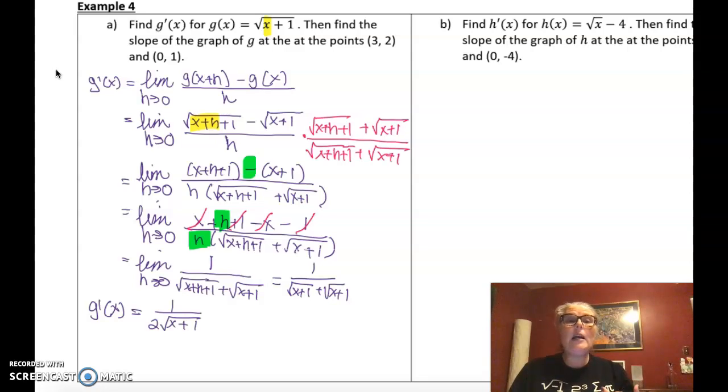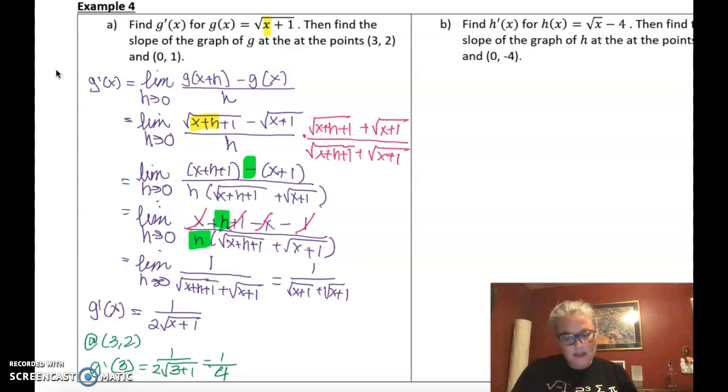Now, I'm not completely done because it's asking you to find g prime of x at the points (3, 2) and (0, 1). So I'm picking a different color here. I'm going to make it explicit: at (3, 2), g prime of 3 is equal to 1 over 2 times the square root of 3 plus 1. So that simplifies to 1 over 4.